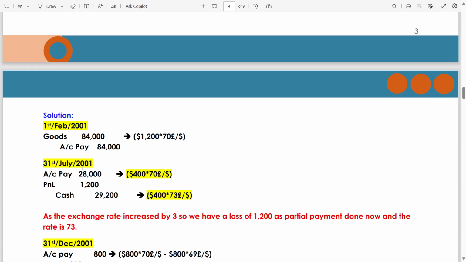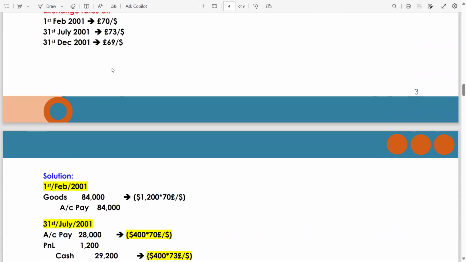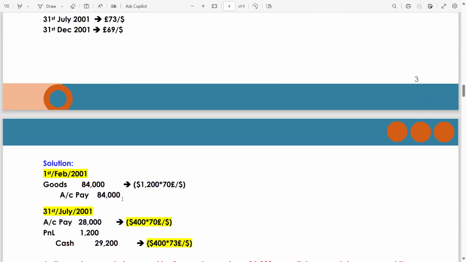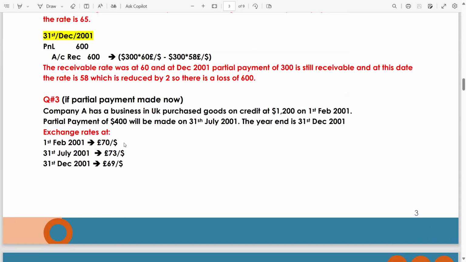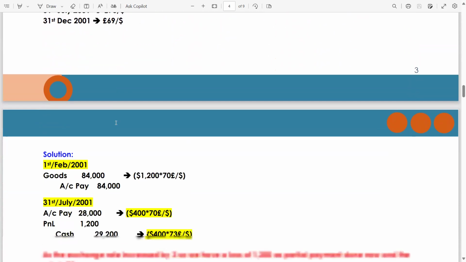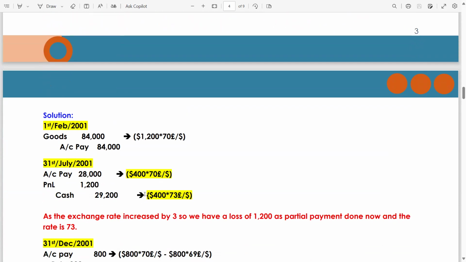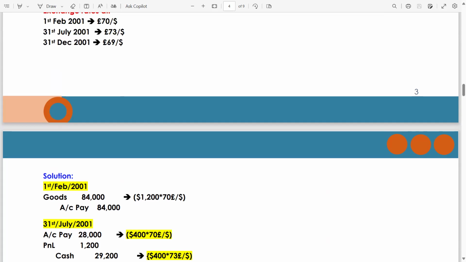Now, 31st July 2001: accounts payable debit, P&L debit, cash credit. First, calculate the amount of cash, as we are going to make payment on 31st July. The exchange rate is 73, and we are going to pay 400. So 400 multiplied by 73 is 29,200.